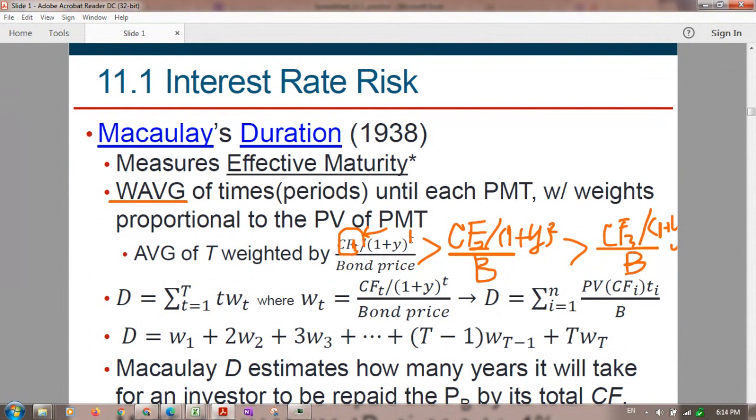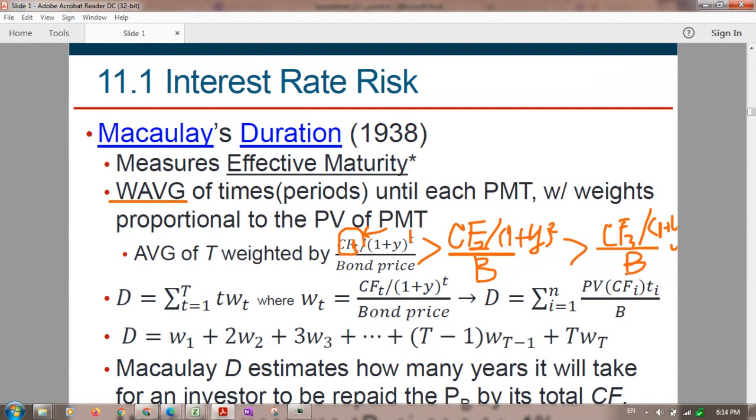In other words, although the maturity of the bond may be 10 years, if your coupon rate is high, and if the discount rate or the yield to maturity is low, then you recoup your investment early on, right? All those early coupon payments.